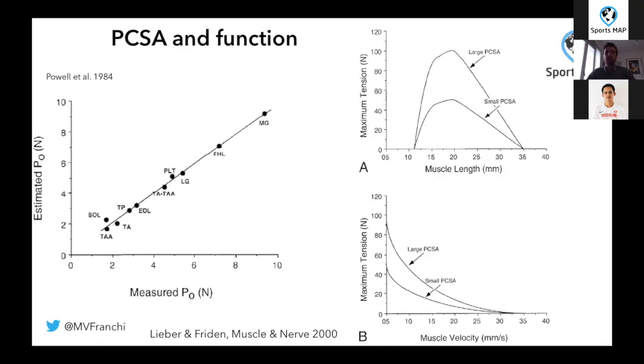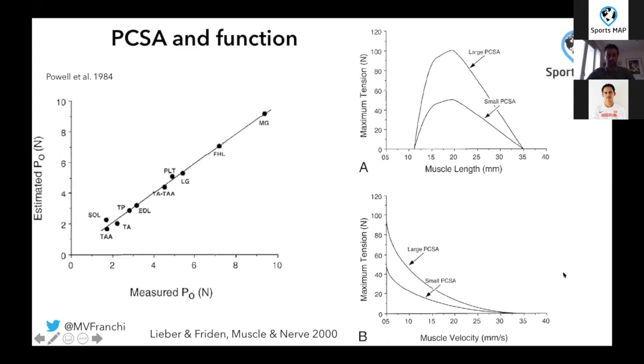So when we consider different muscles, as in muscles with different PCSA, and we consider the major relationships, the force length relationship and the force velocity relationship, in this case just the shortening velocity portion of the curve.